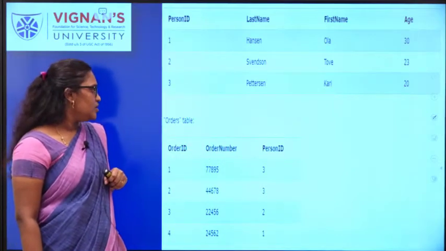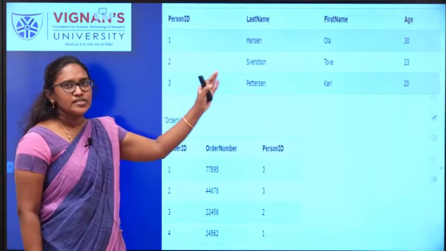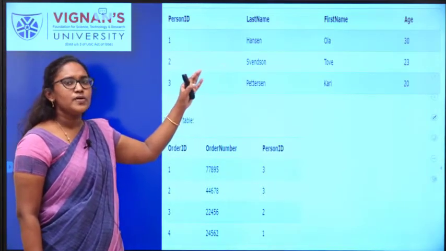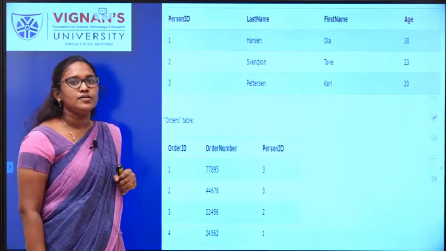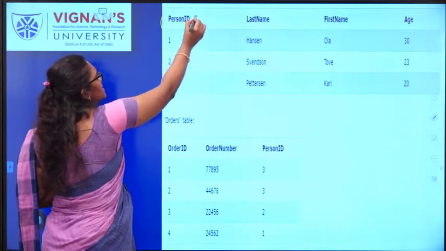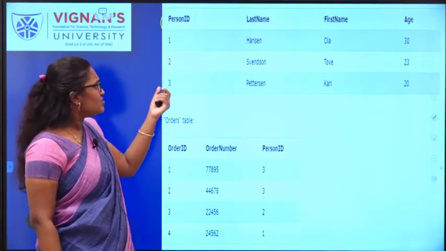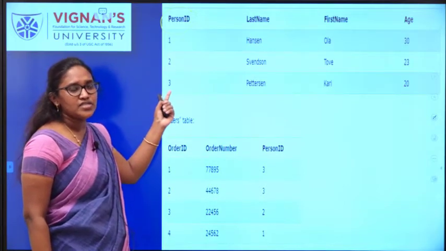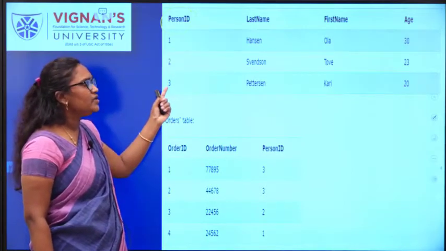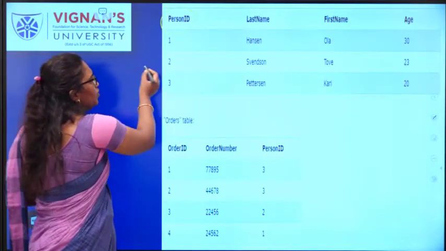Take some time and identify which one is the primary key in both tables. In the first table, person ID is unique because it won't have repetition, and it is used for uniquely identifying the complete row.